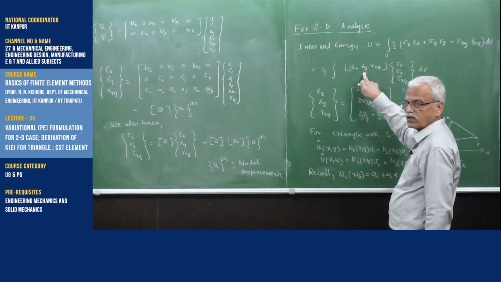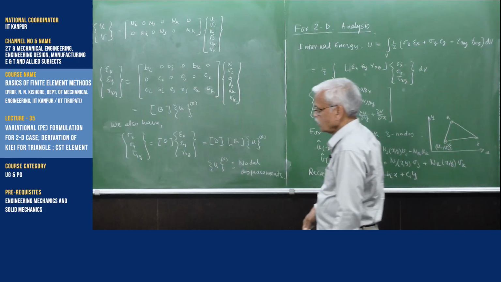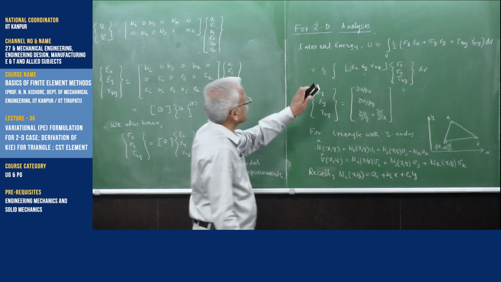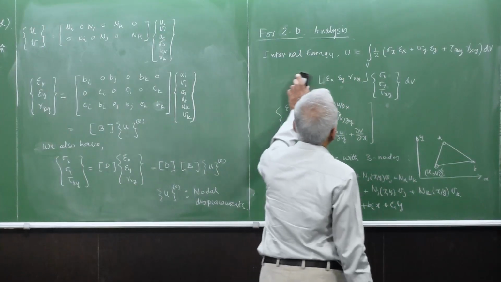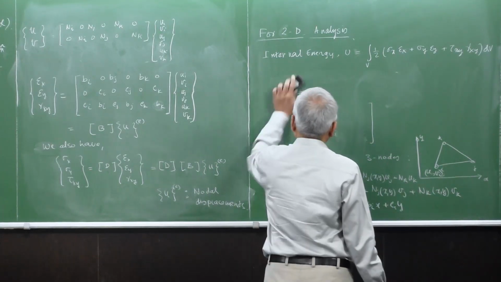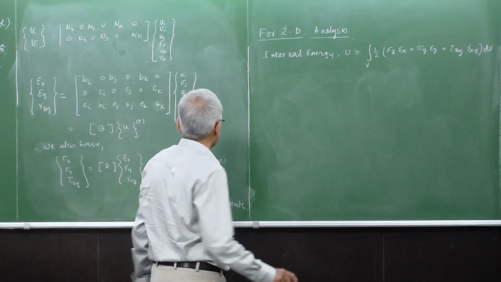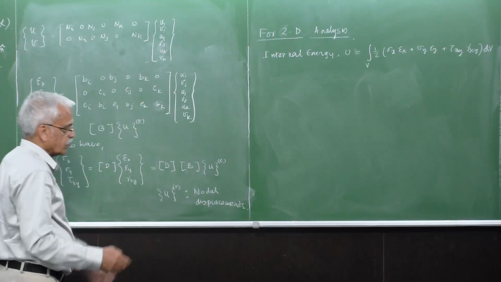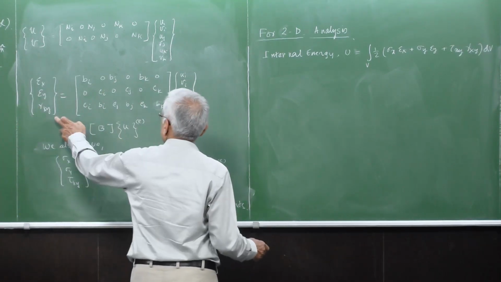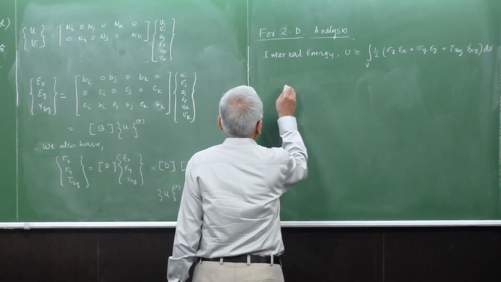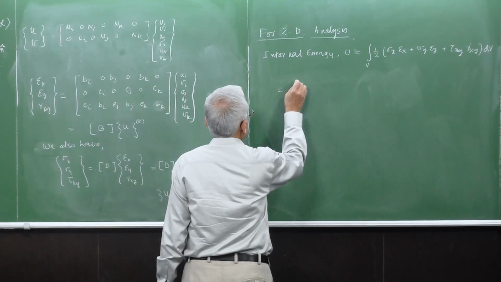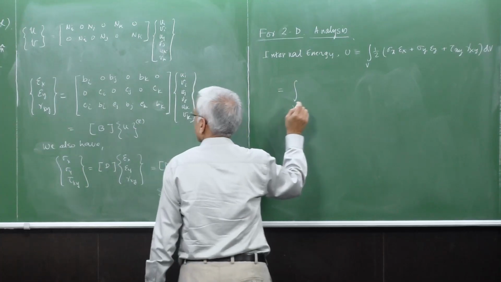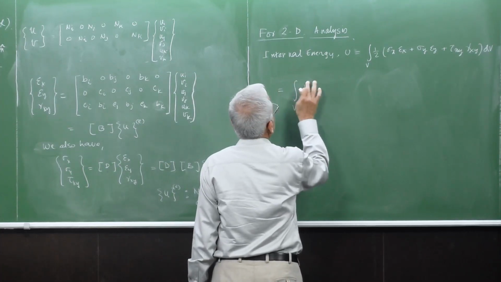And of course, there are strains here, which are also in terms of nodal displacement. So let us put it in this one. Let's go back to this one and use this. So we have epsilon x, epsilon y, gamma xy in the column form. Whereas here we have the volume of the element, and here we have half.